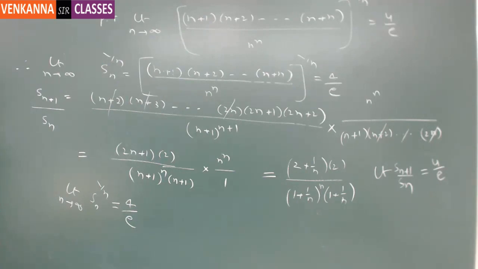From our discussion, we can conclude one thing: whenever the limit is giving 0 and power n is there, you can make use of the technique of the ratio test. Whenever the power contains the value 1 by n, you can make use of Cauchy's theorem on limits containing power 1 by n.